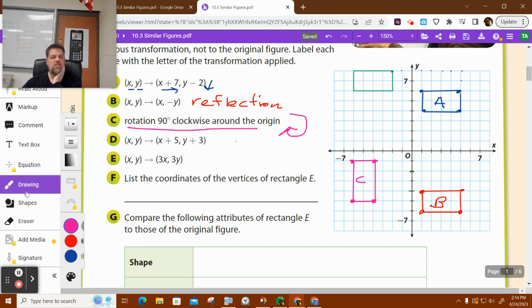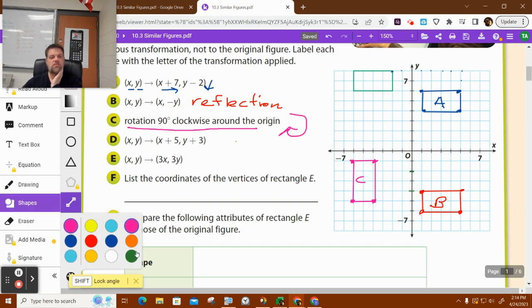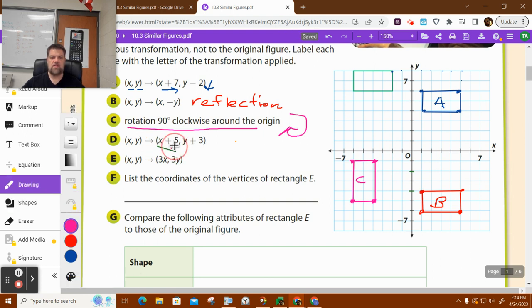Next, we're going to do, have I done green yet? Next, we're going to slide it to the right 5, and then slide it up 3. So from here, I'm going to go over 1, 2, 3, 4, 5. Then I'm going to go up 1, 2, 3. And then this one goes here. Wait.